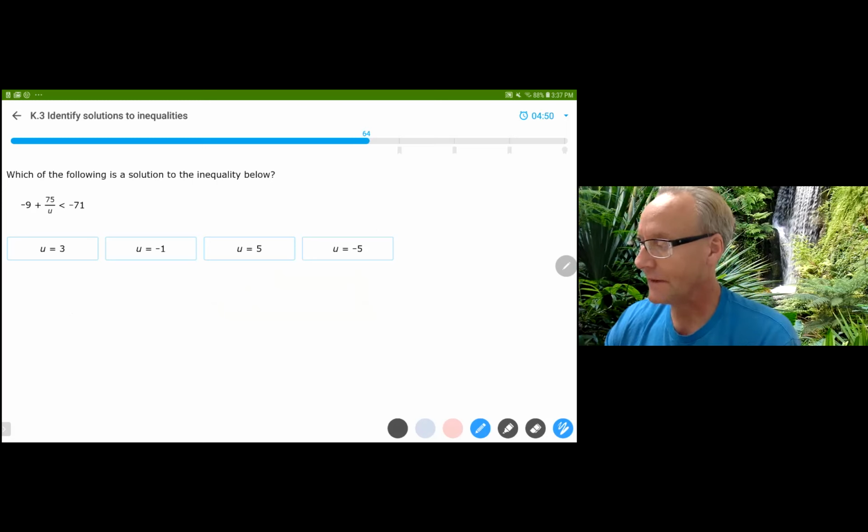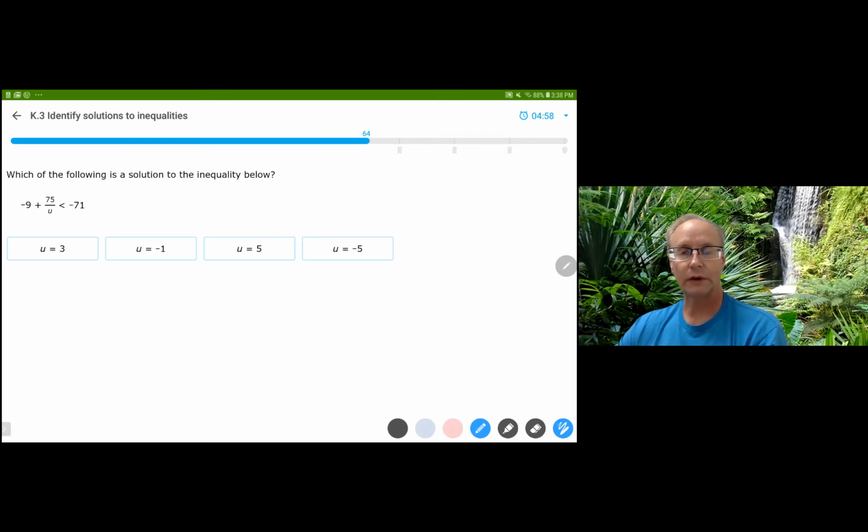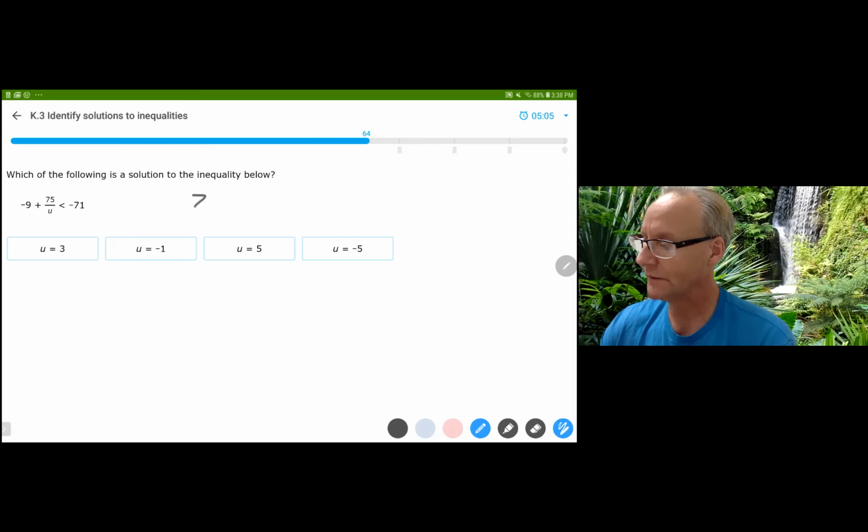In this one, I'm going to add the 9 to both sides, or I could choose not to. But if I don't solve this, you're going to end up with a lot of work on your hands. I think it's easier if I simply add the 9 to both sides so that I get 75 over u. I'm dividing 75 by all these u's, and I want to see which ones will give me something that is less than negative 62.